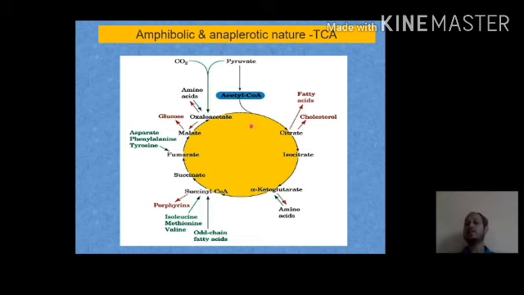Likewise, the TCA cycle has many different intermediates that can be converted to one another, and if there is a low concentration of a TCA intermediate, it can be filled up by conversion of these amino acids or many other materials. This is known as anaplerosis.